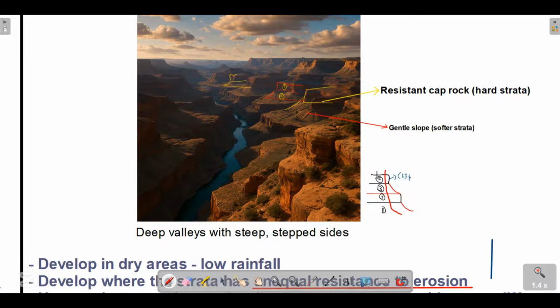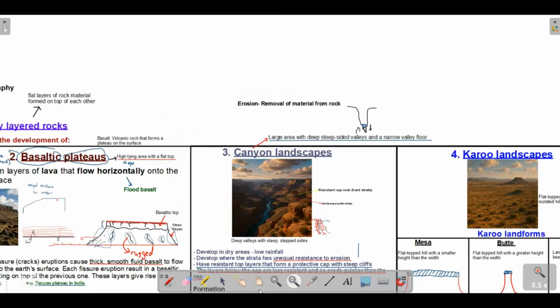This material is removed, and so it basically moves to the back. We call that scarp retreat or back wasting. It does not reduce in terms of the height, but in terms of the position, it moves back and back and back like this. So at some point, it will be like that. Basically, the width is affected and not the height.